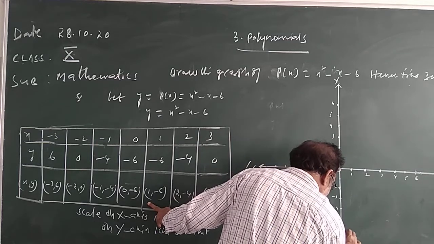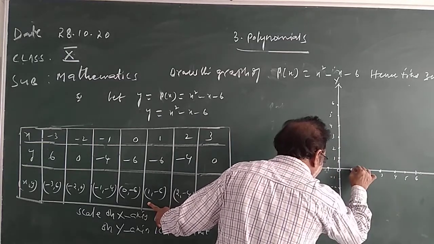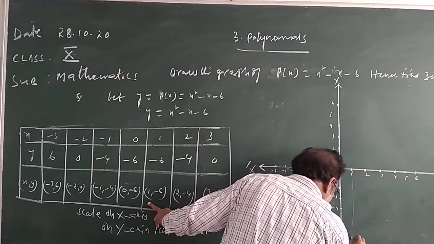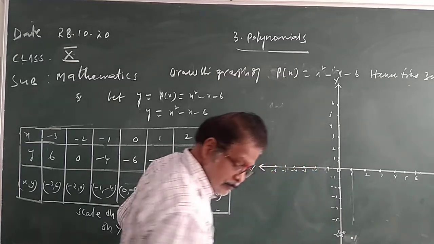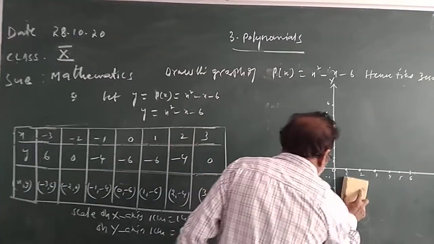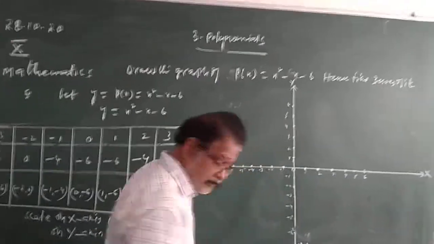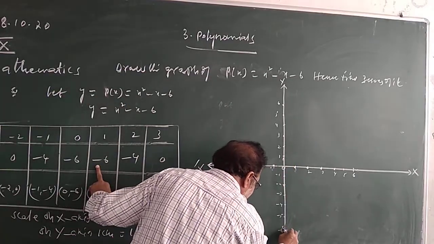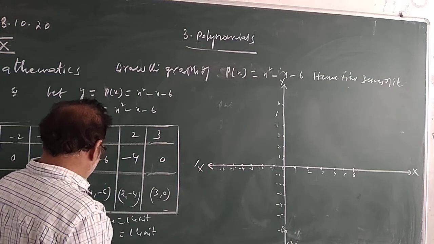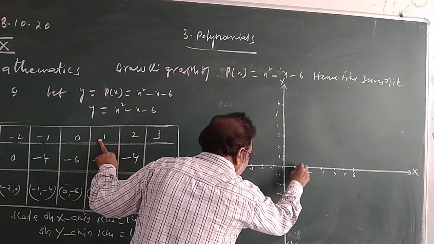Corresponding to x is equal to 1, minus 6. This is corresponding to 1.